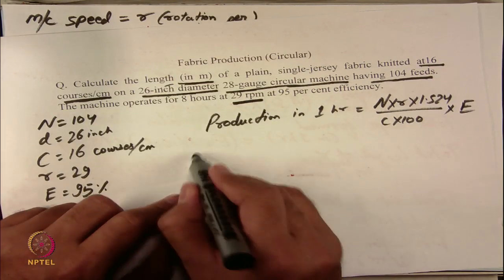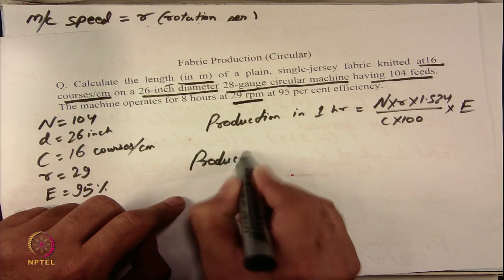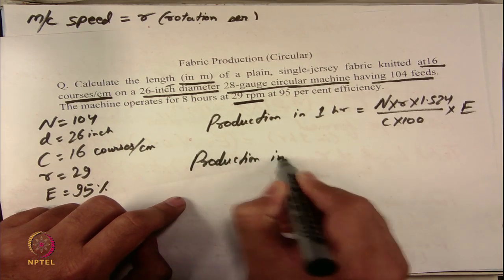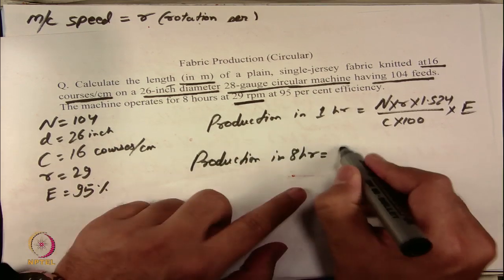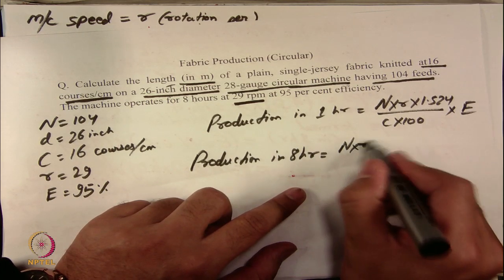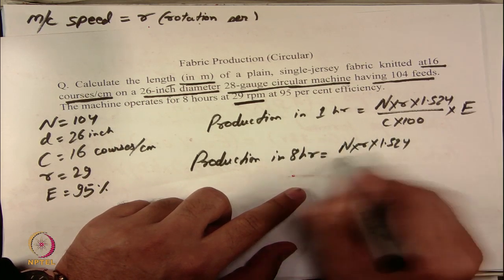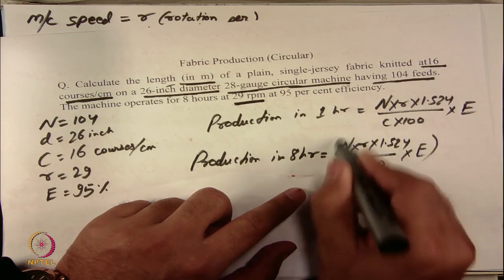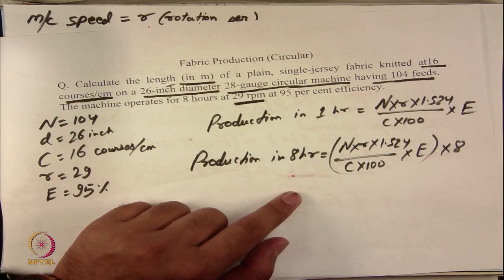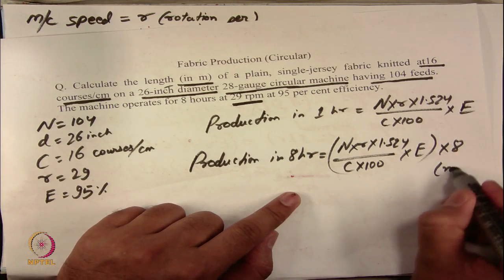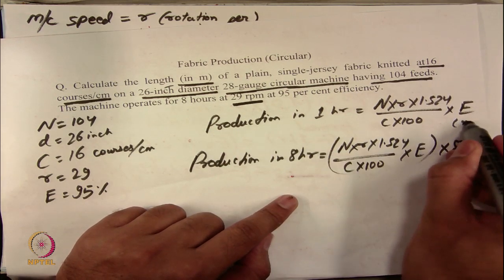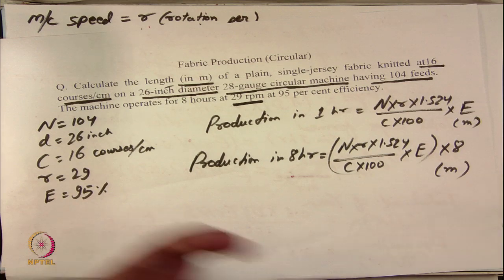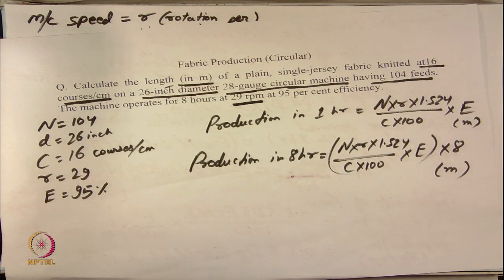So, production in 8 hours, N into R into 1.524 C into 100 into E into 8. Okay. This one in meter. So, all are in meter.